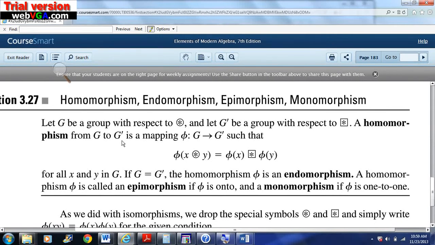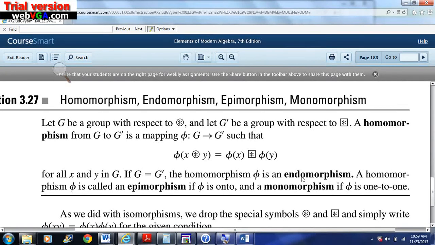G and G prime are just two groups. They don't have to be the same. But the definition of endomorphism is slightly different. If G is equal to G prime, the homomorphism phi is an endomorphism.